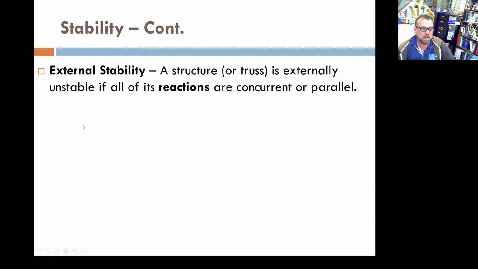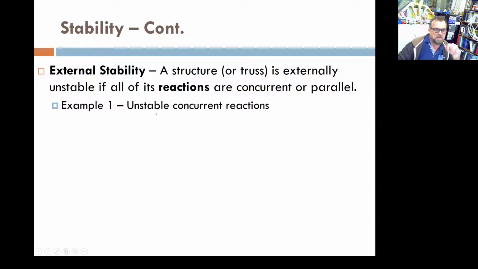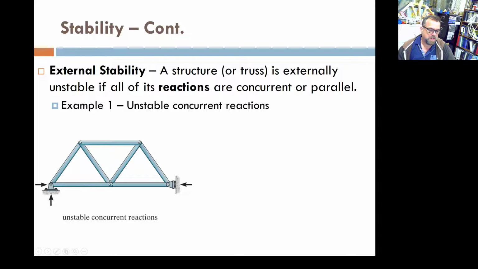then that will be determinate. But what happens if those reactions are concurrent? We learned that even for beams, that happens for beams, not only for trusses. This is the example. You see, you have three reactions. Internally, you see that truss and you say, well, that truss is stable, I don't have any problem.